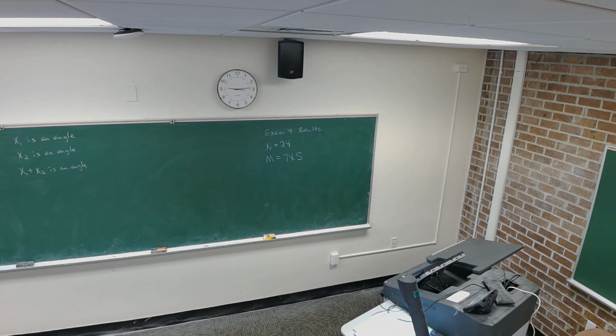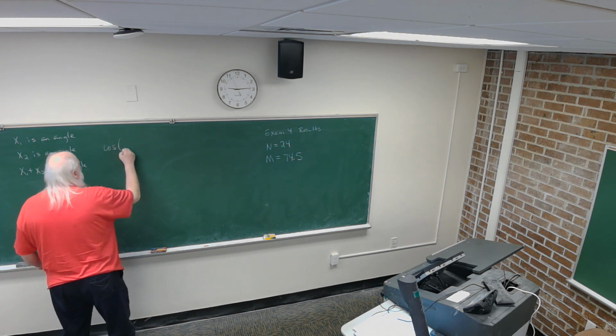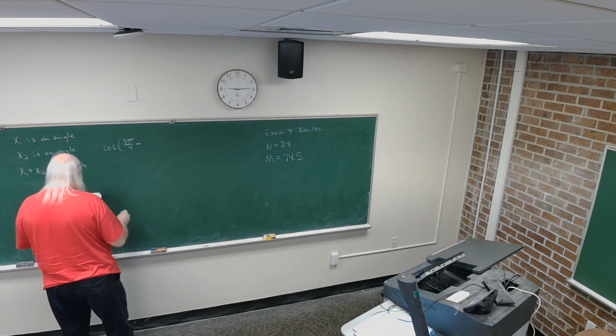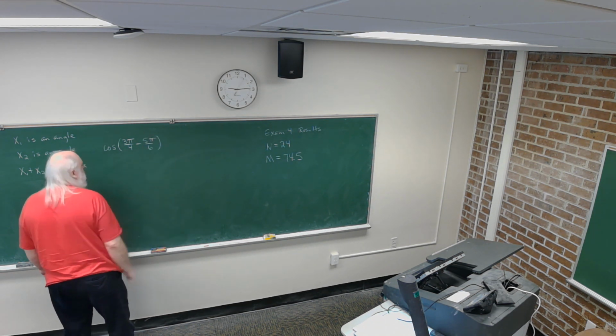Right? The value of the left-hand side and the value of the right-hand side are equivalent. Okay. So we're going to calculate the cosine of 3 pi over 4 minus 5 pi over 6. Right?